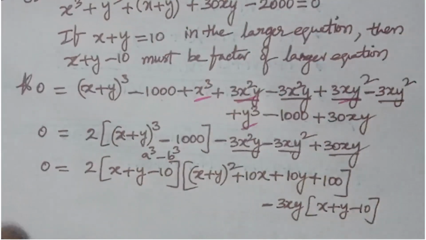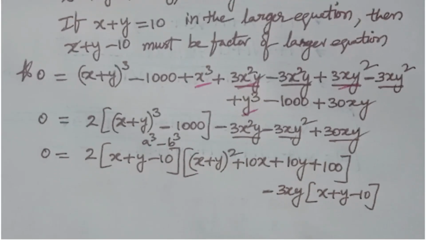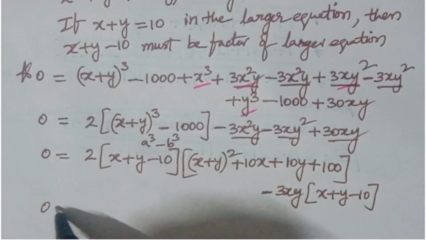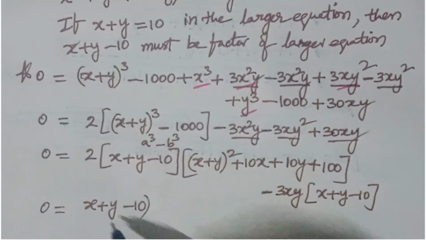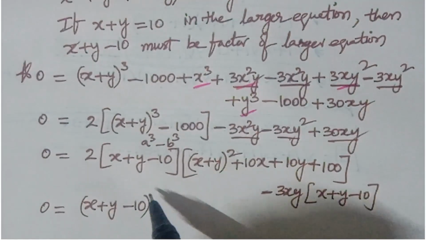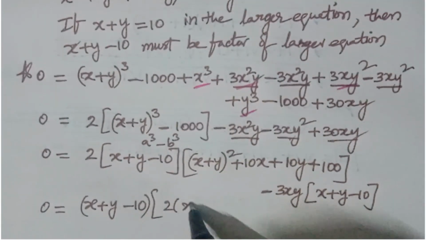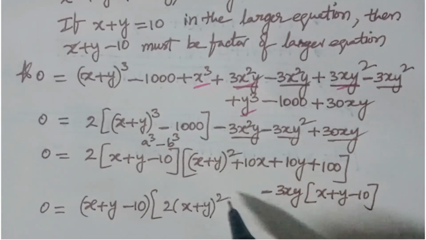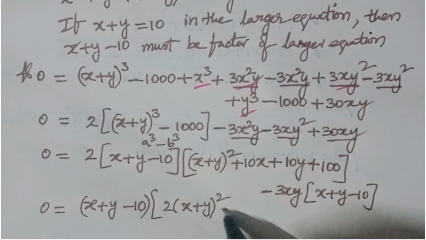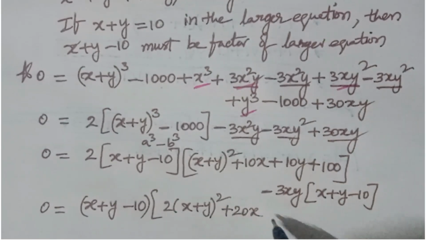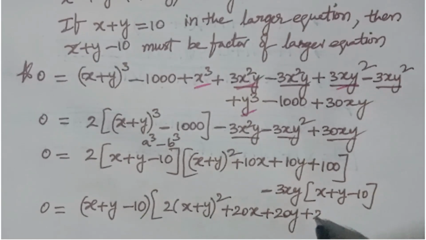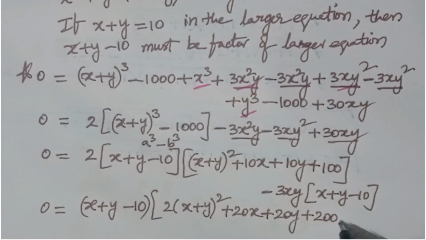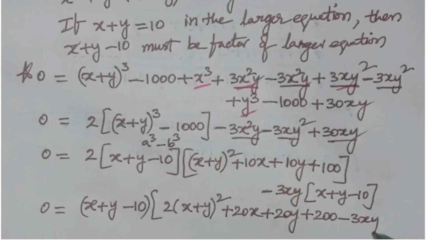So here you got x plus y minus 10 common in all these. So you can write 0 is equal to x plus y minus 10 into, 2 times (x plus y) whole square plus 20x plus 20y plus 200 minus 3xy.